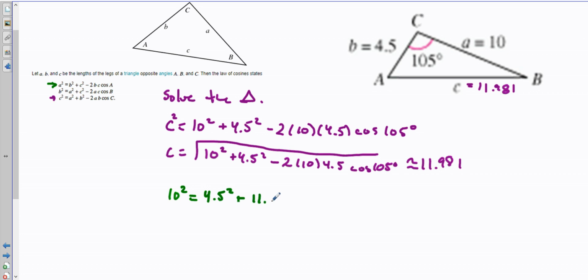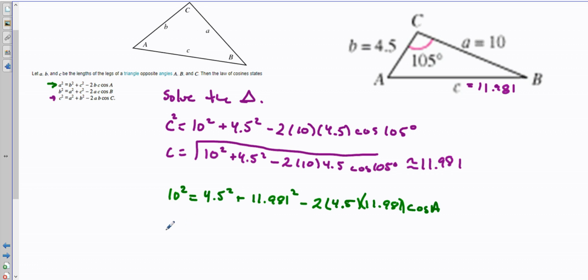plus C, which we know is 11.981. We're going to square that, and that's going to be minus 2 times B, which is 4.5, times 11.981, and that's going to be the cosine of A. So from here, we can solve for the cosine of A by doing a little algebra.